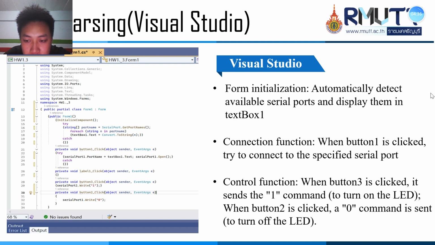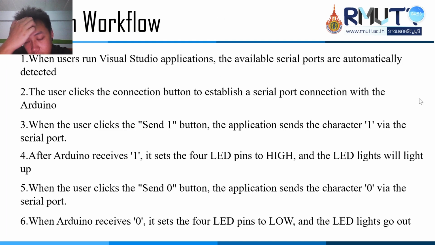The control function: when button 3 is clicked, it sends a 1 command to turn on the LEDs. When button 2 is clicked, a 0 command is sent to turn off the LEDs.